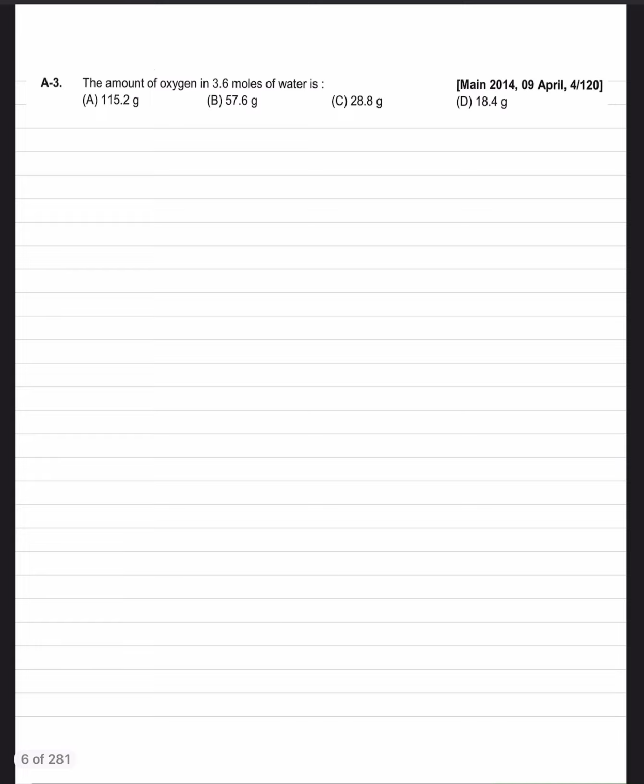Next question. The amount of oxygen in 3.6 moles of water. How to solve this one? We have water, H2O. From here you know very well it contains hydrogen atoms and an oxygen atom. First I will do it with 1 molecule.